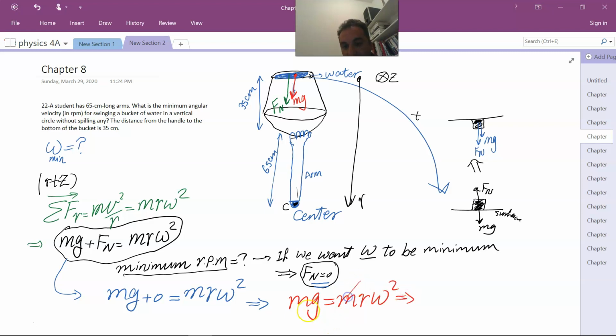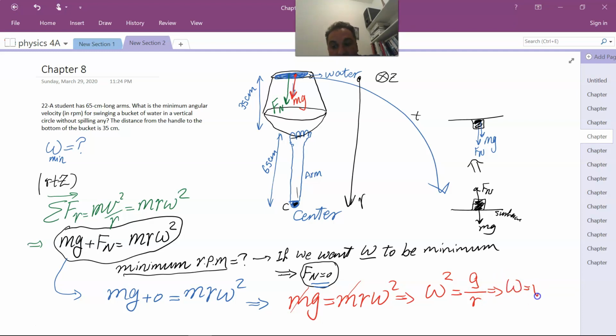Therefore, this m with this m is gone. It's not up to the mass of the water. Don't say we should have less water. No, you see the mass cancels out. So omega square becomes g over R. Actually, this is a very good problem.